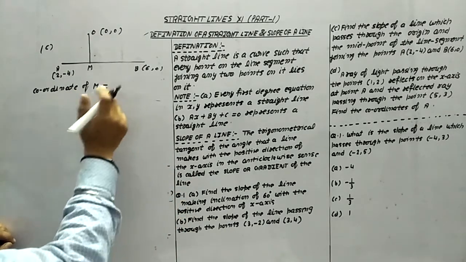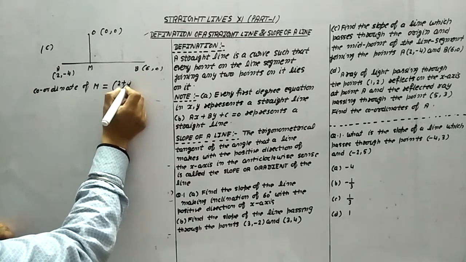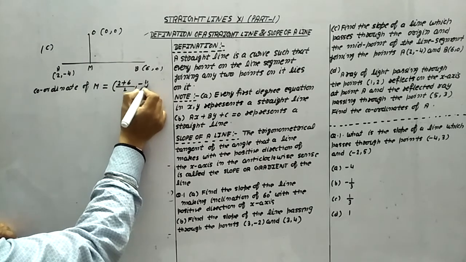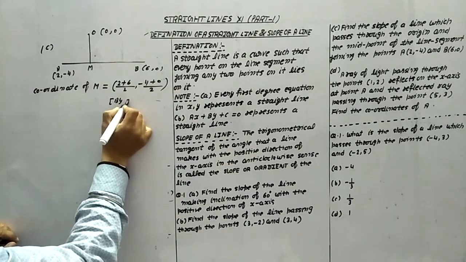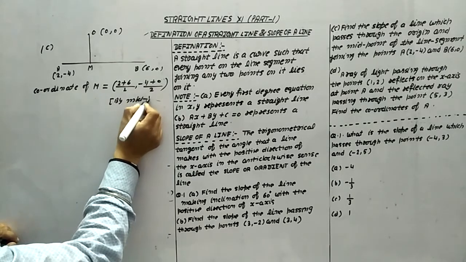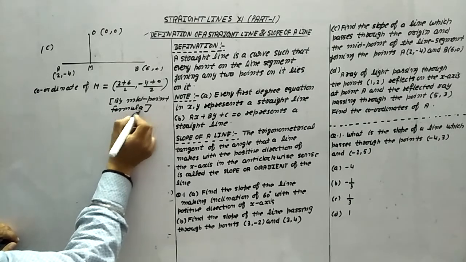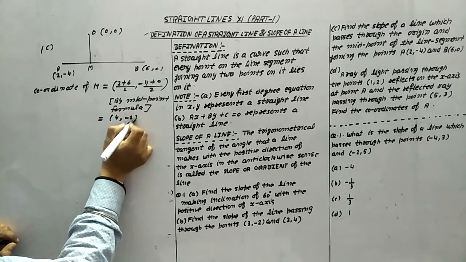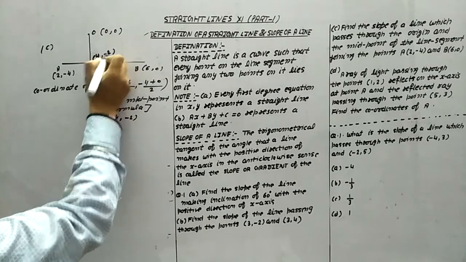It is (x1 + x2)/2, which means (2 + 6)/2, and (y1 + y2)/2, which is (-4 + 0)/2. This is by the midpoint formula, which you read in 10th standard. This becomes 4, and this is -2. So the coordinates of M are (4, -2).